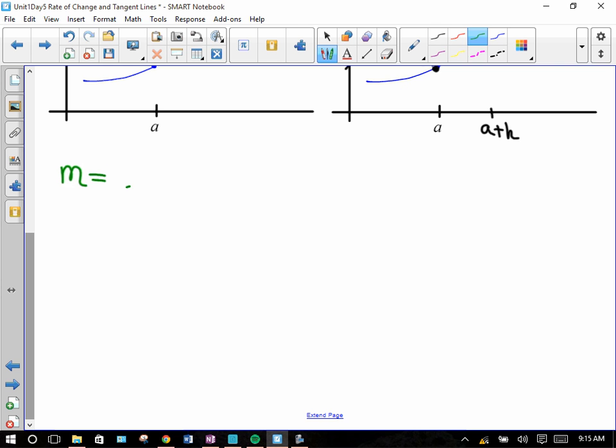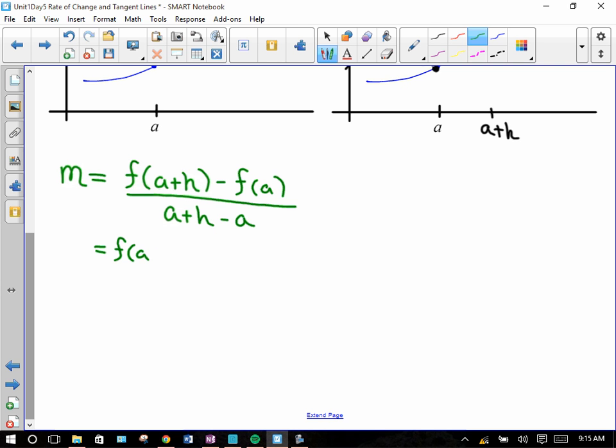We have f of a plus h minus f of a divided by a plus h minus a. If we simplify this a little bit, we get f of a plus h minus f of a divided by, a minus a cancels out, so now that's h.